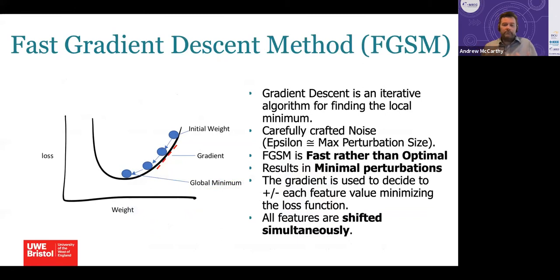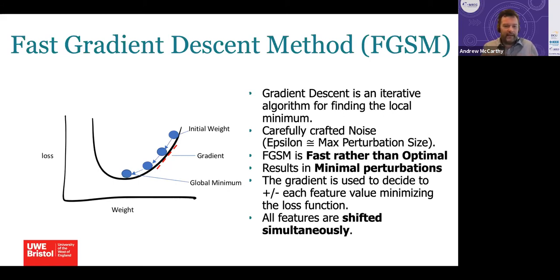So how do we go about creating this carefully crafted noise? One of the simplest ways of doing it is through fast gradient descent. This is where we minimize the loss function that's so critical in machine learning by using an iterative algorithm to descend the gradient.